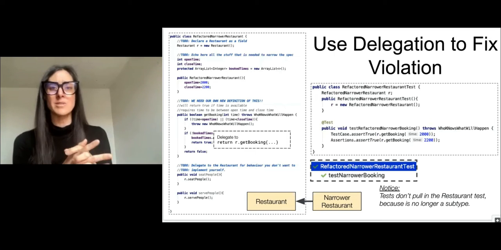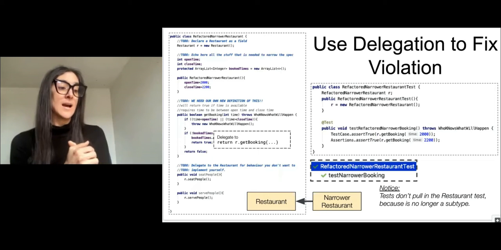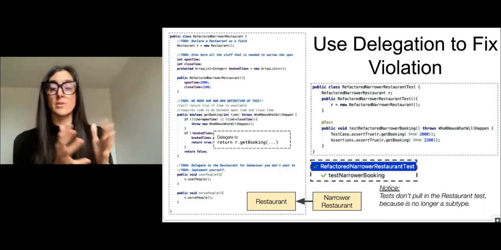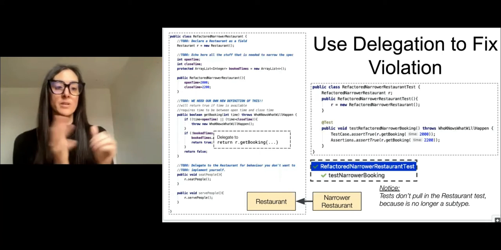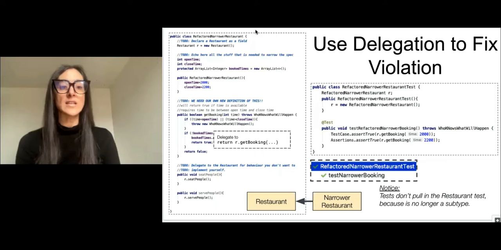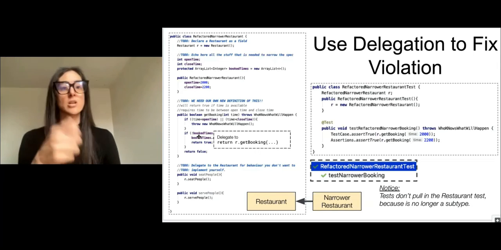But it might want to use the seating arrangements, or I don't know, the hygiene habits, or whatever it is that restaurants do, procurement of goods. So for the refactored restaurant, you would use delegation. You would have this narrow restaurant that has a field inside it, an inner secret restaurant, and you would just call over to it.